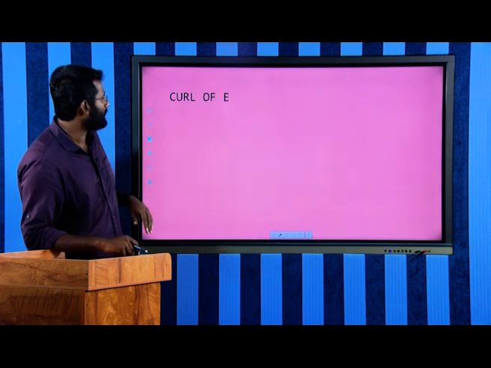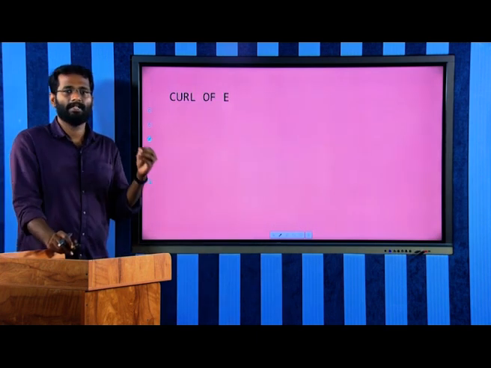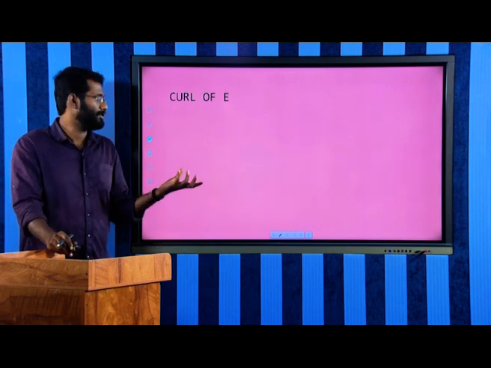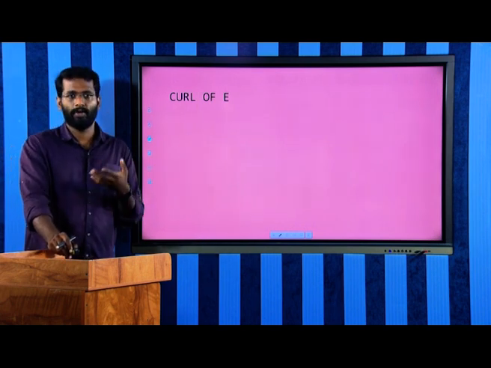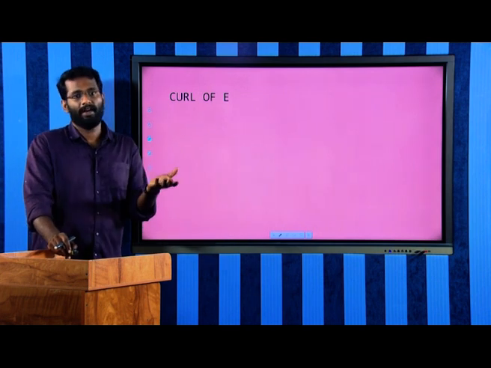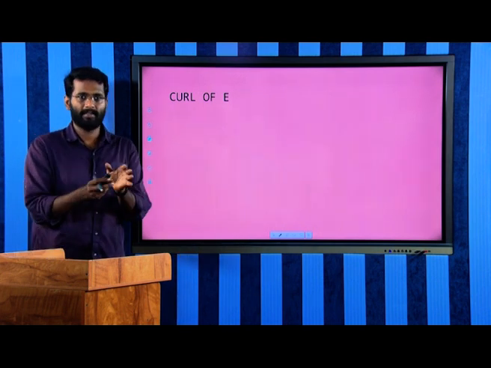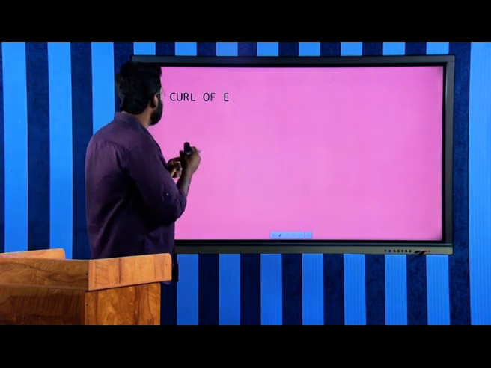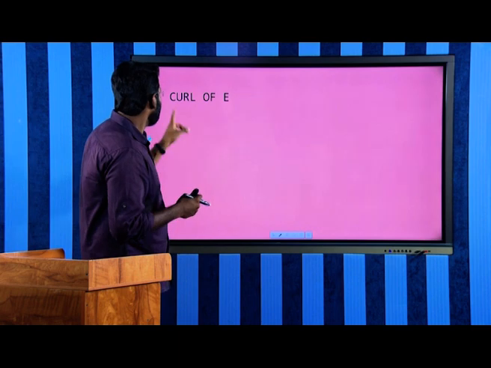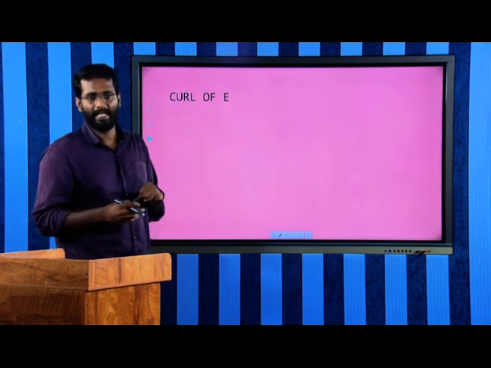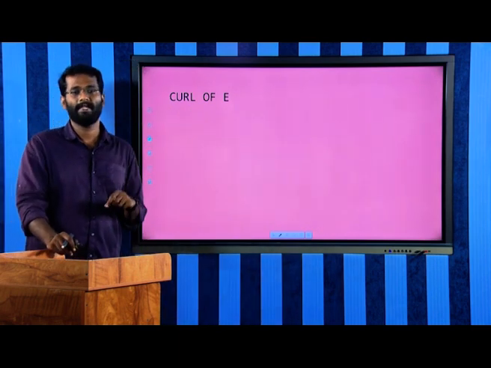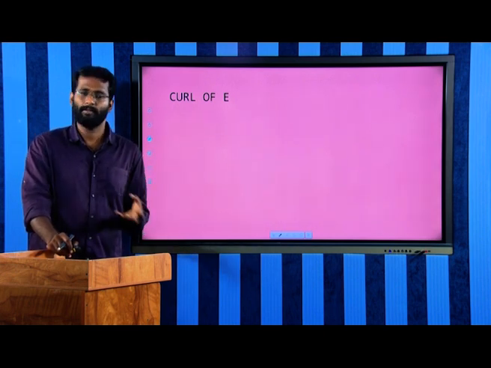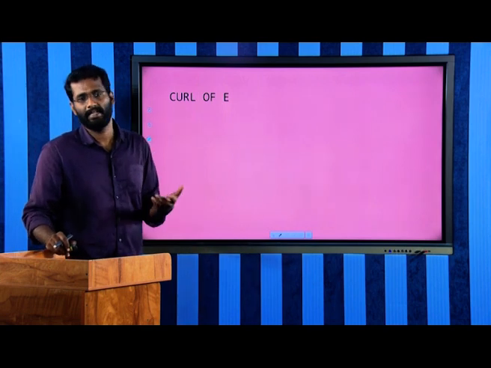Next we will calculate the curl of E using the knowledge from the Cartesian system, the spherical coordinate system, and the previous knowledge from the vector calculus classes. Combining all of them, we can calculate the curl of the electric field, from which we derive a new scalar quantity called potential. We will do it in the next class.